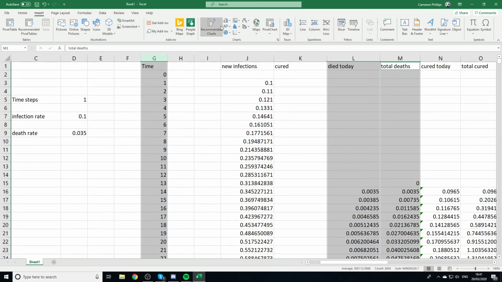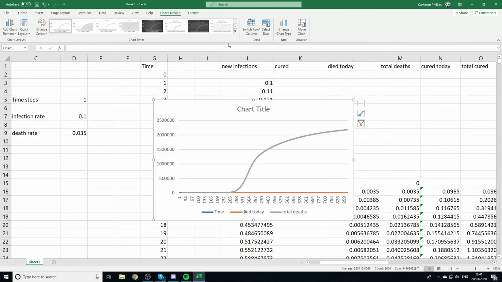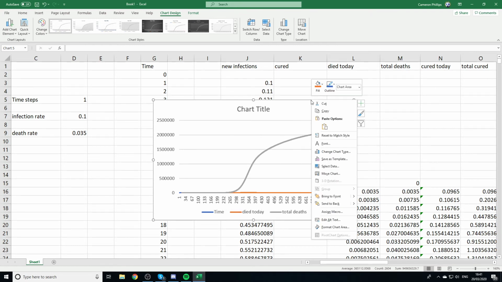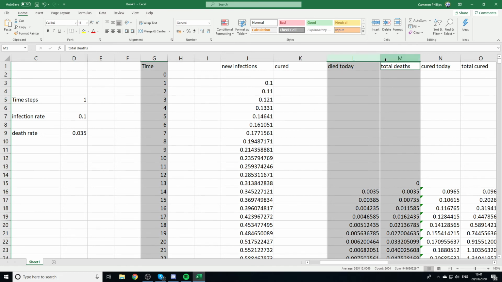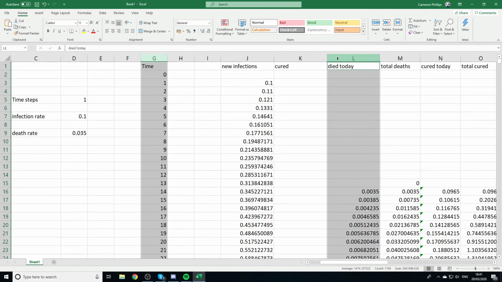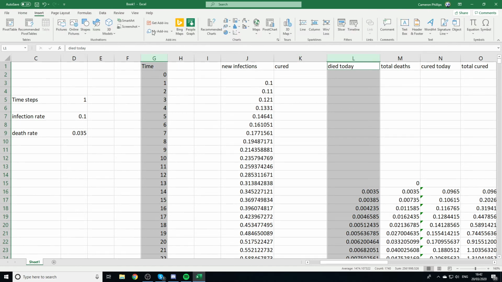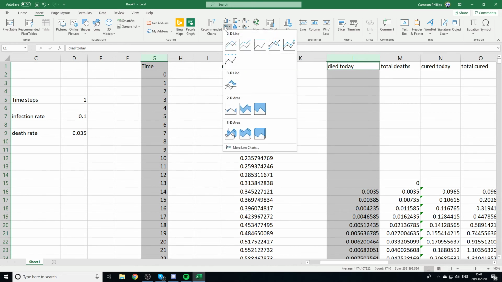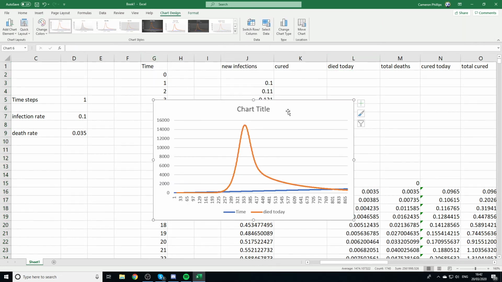Insert graph, let's try this one. Okay, total deaths going up, died today, the peak. Well, I'm going to get rid of the died today, let's just look at died today, that's the important one actually. So we'll get rid of total deaths and we'll just do time, died today. And then we'll do insert. Do this graph. There you go.